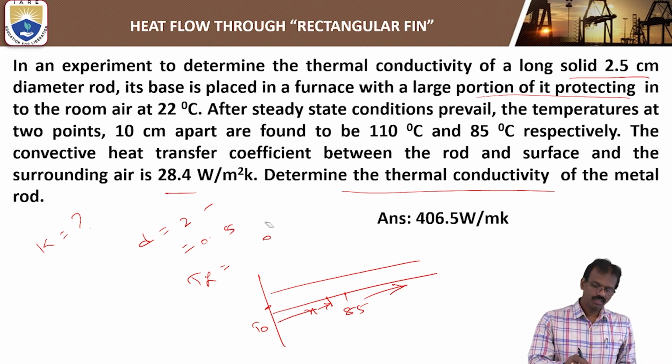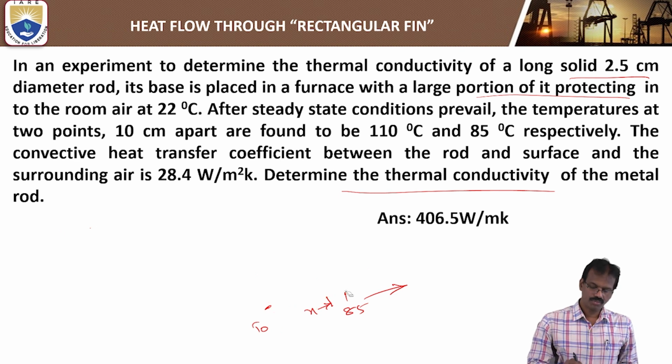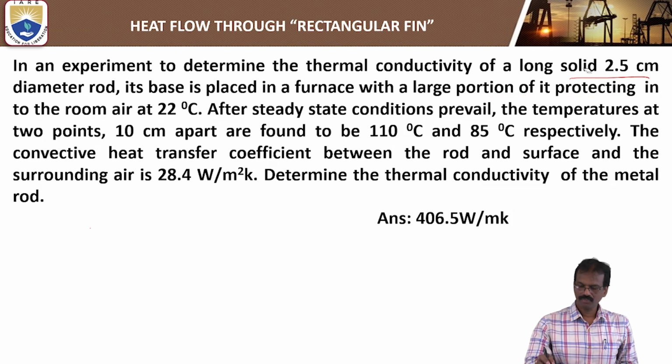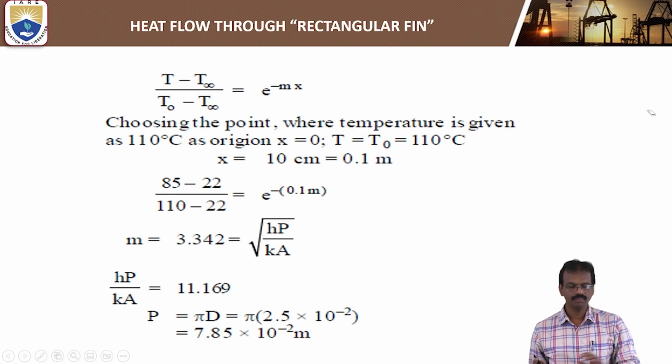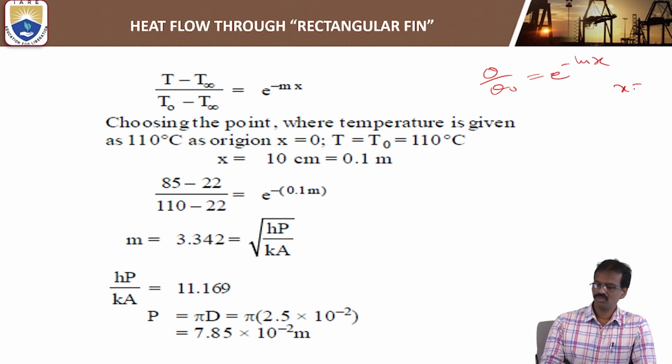Okay. So for this one, we have to consider the temperature profile difference. Based upon this, you can find out the m value. By using the m value, you can find out the k value. Here, you know the temperature profile: theta by theta naught is equal to e to the power of minus mx. x is equal to 10 centimeters, distance is given, it is 0.1 meters. Theta is equal to T minus T infinity.